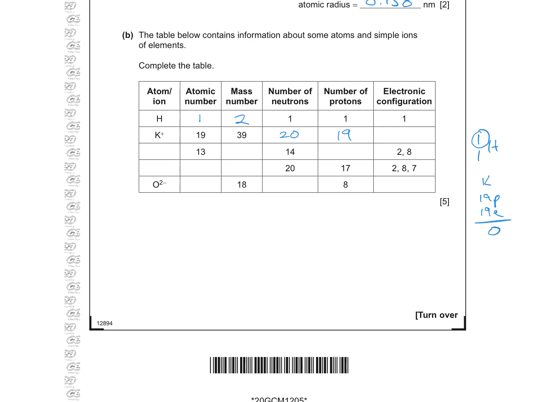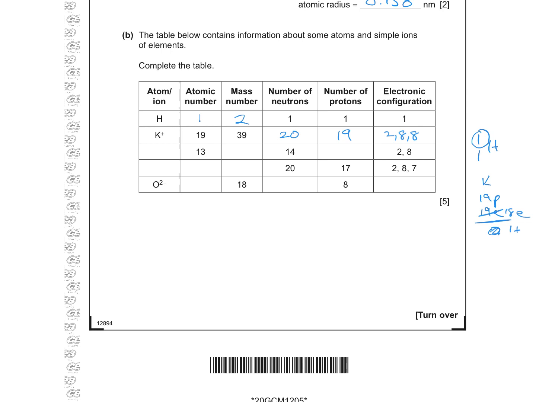But we're told here that this is K+. That means there must be more protons than electrons, and it's 1+. So there's 1 extra positive charge. There must be 18 electrons in this, so that would give a 1+ charge. The electron configuration therefore would be 2, 8, 8.